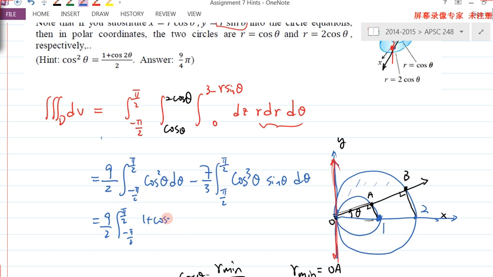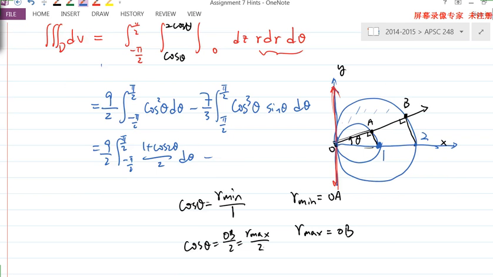Then you should carry on from here, no problem at all. And this one here requires a simple substitution rule. In general, what you learned is you let u equal cosine theta, and then du equals negative sine theta d theta.